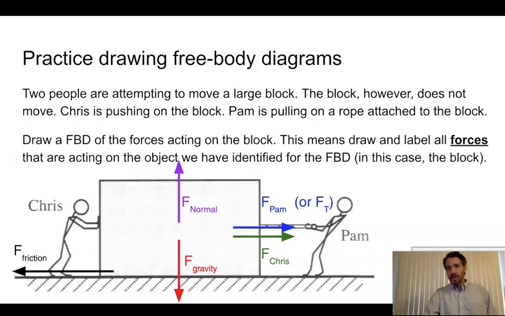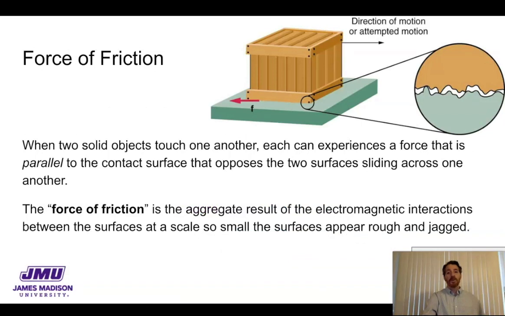If you're wondering how I added friction when that hasn't been something we've talked about at all, we're going to throw in friction now, that's a valid point. Let's talk about what these other forces are that we would need to include in our analyses. The force of friction is a contact force, so much like the normal force. In fact, what we will learn next week is that it is dependent on the normal force.